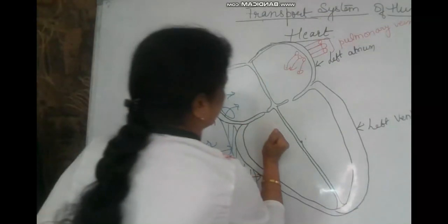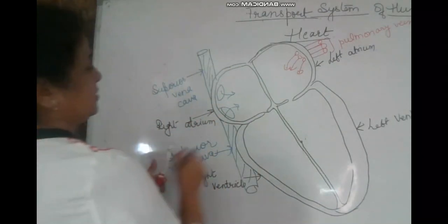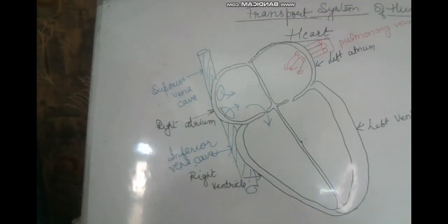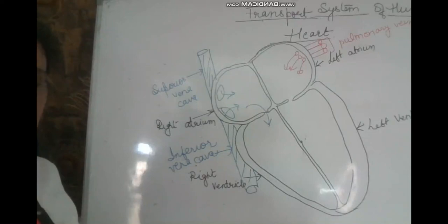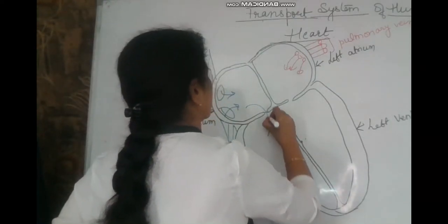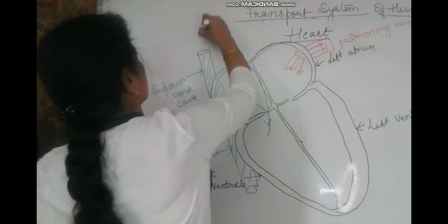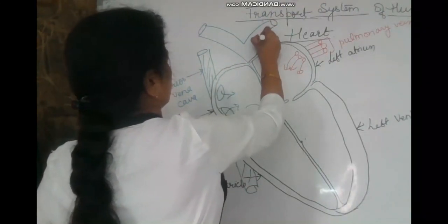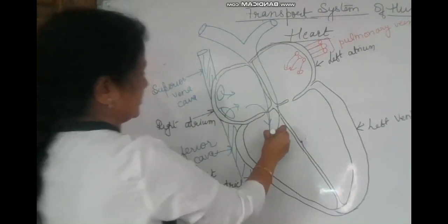Now from here the blood will come to the right atrium, then to the right ventricle. From the right ventricle, through the pulmonary artery, this is the pulmonary artery I have drawn, it is going to the lungs.